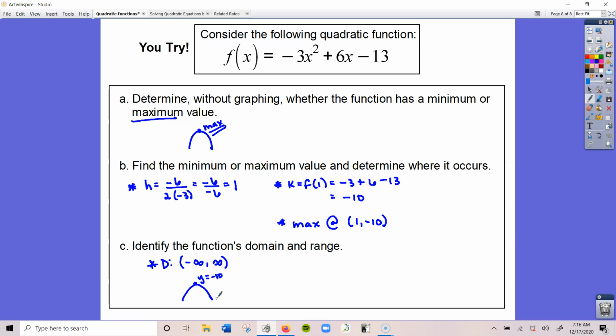And we know it's a maximum. My parabola is opening downwards, so that means that my range has to start at negative infinity, and then the highest y value is going to be negative 10, and we would close that with a bracket. So that would be our domain and range. And those are your quadratic functions.